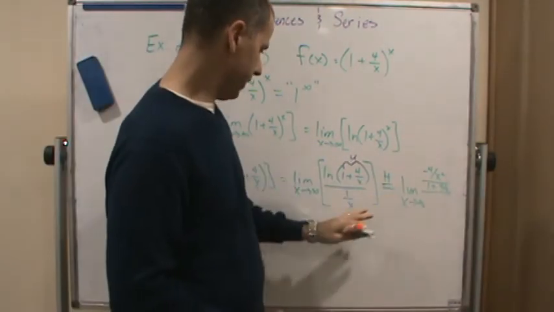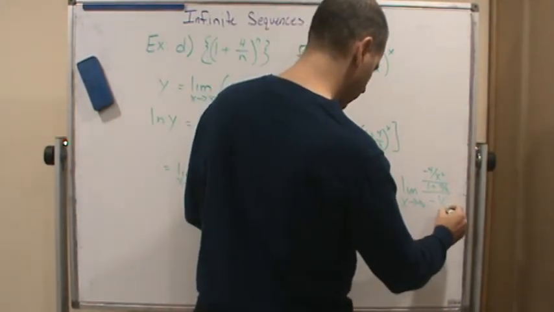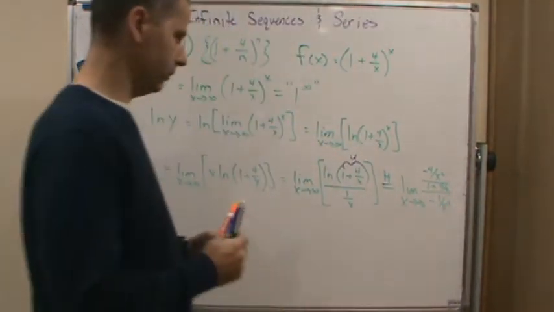That's the top. Now the bottom, the derivative of that is going to be negative 1 over x squared.